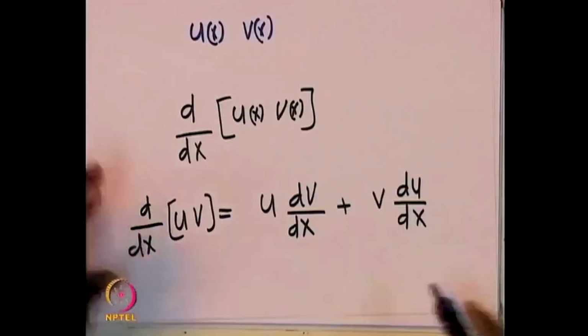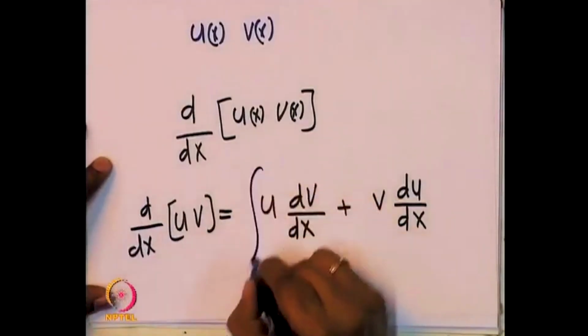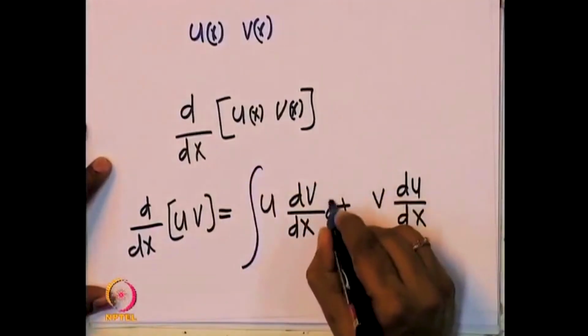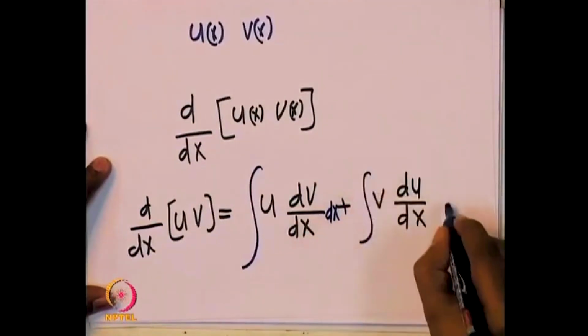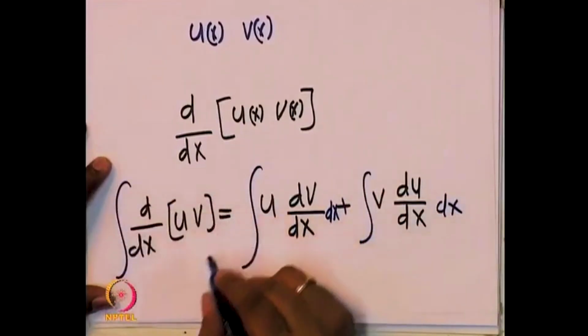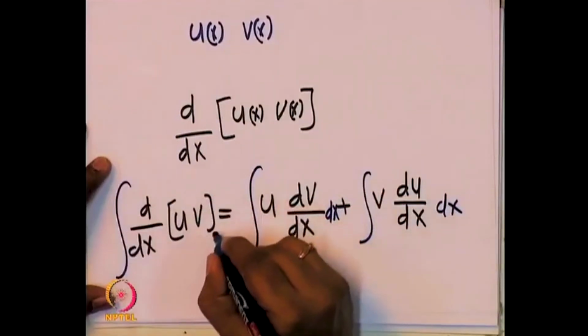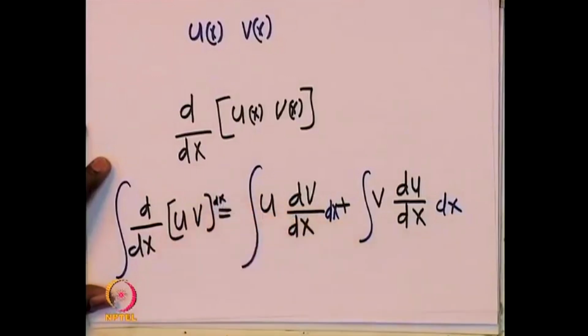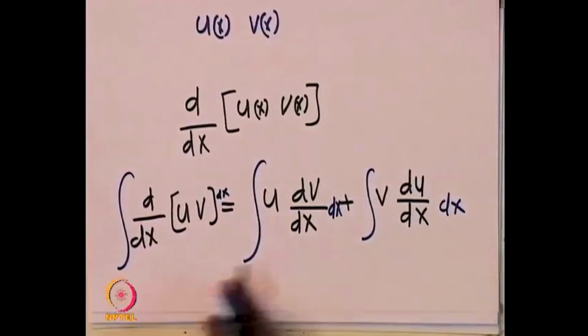Now, we can integrate this just like this. So, we can just multiply with dx here and integrate all throughout and get a relation.